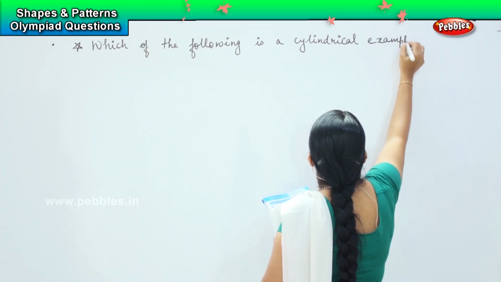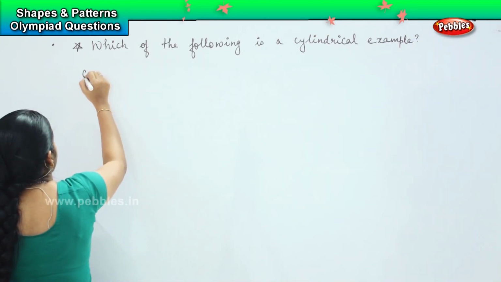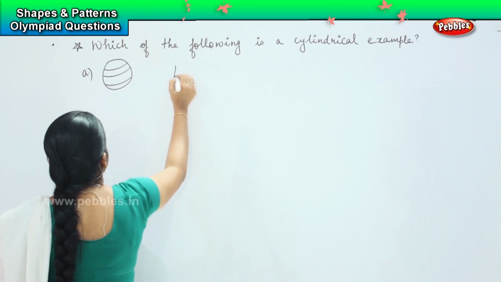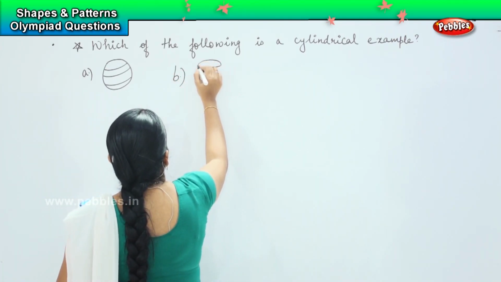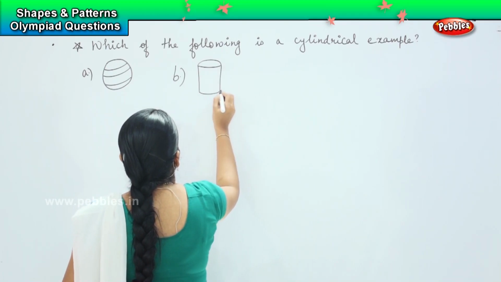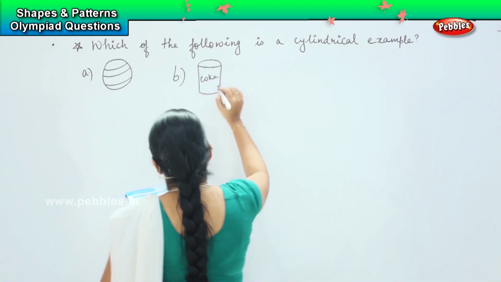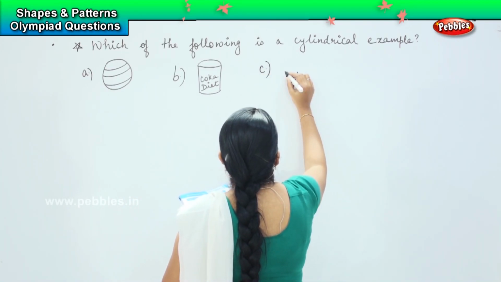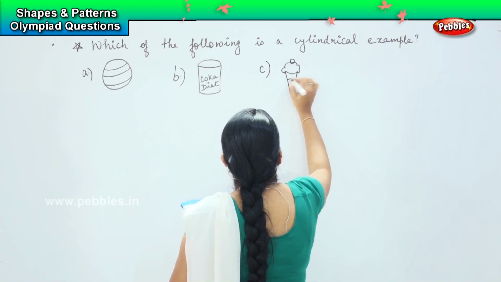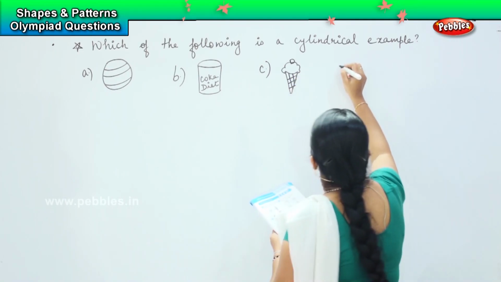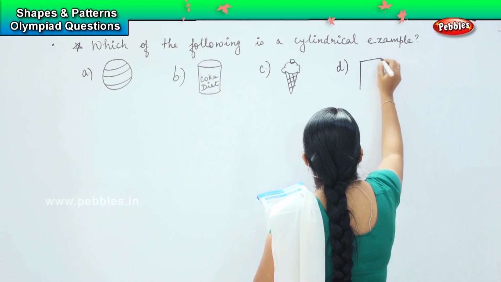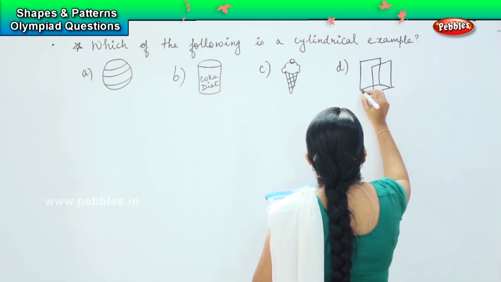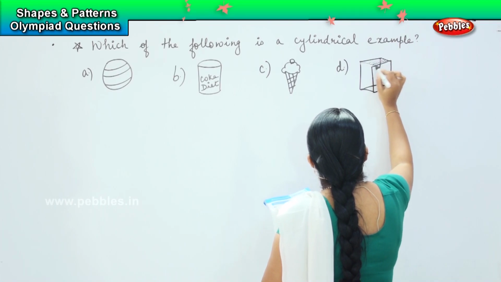And your options are option A, okay, option B, option C, and option D. Okay.